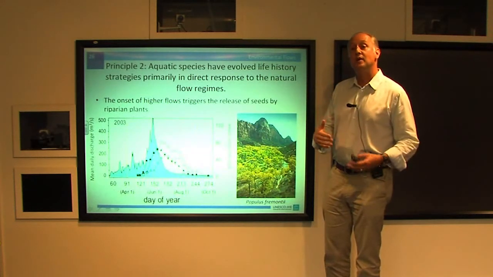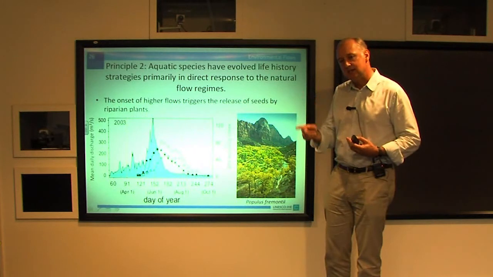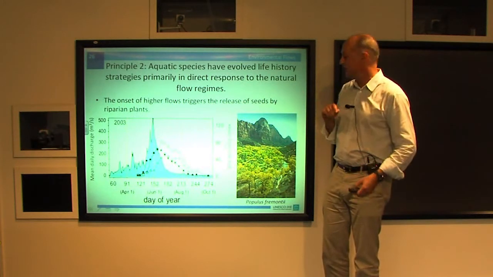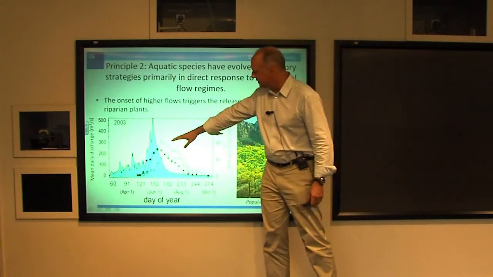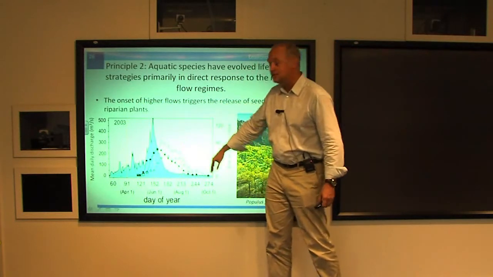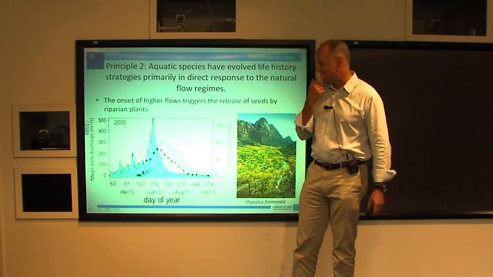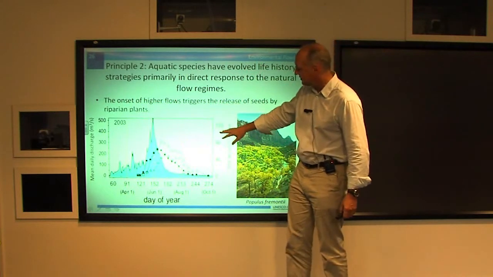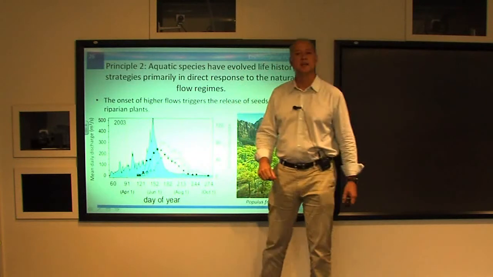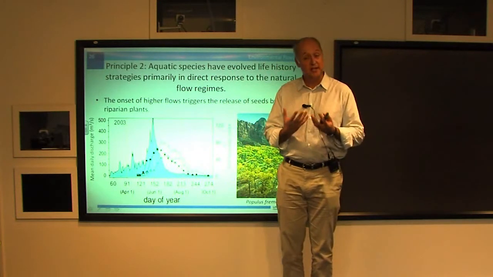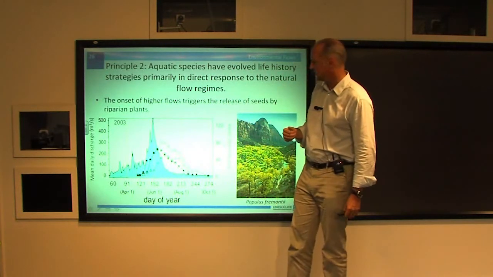Riparian vegetation as well can be cued in its stages of life history by changes in flow. Now these are modeling data, but for this river what we see in blue is the variability of flow, and the graph lines are indicating the drop in seeds by this particular plant.